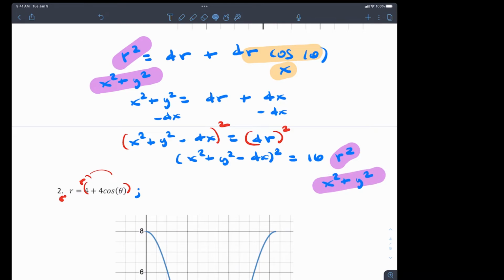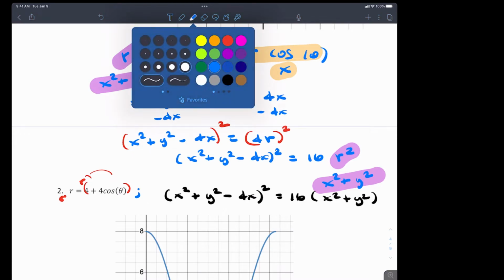And then, ladies and gentlemen, here's the Cartesian coordinate version. X squared plus y squared minus 4x, squared, equals 16 parentheses x squared plus y squared.